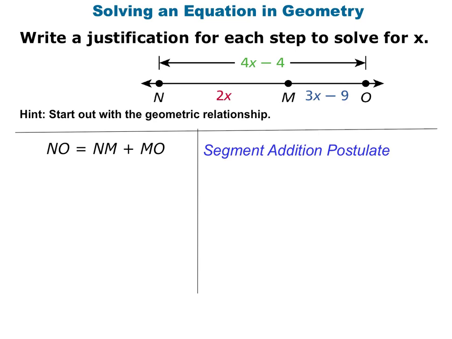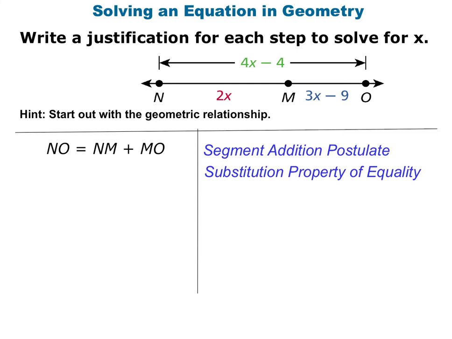This is the geometry idea that's going to help us get to the equation that Anthony wanted us to have a little bit ago. Segment addition postulate supports it. It's a chapter 1 concept. Now how do we get from this idea to what Anthony basically told us? By substitution. So the substitution property is what I'm doing next.